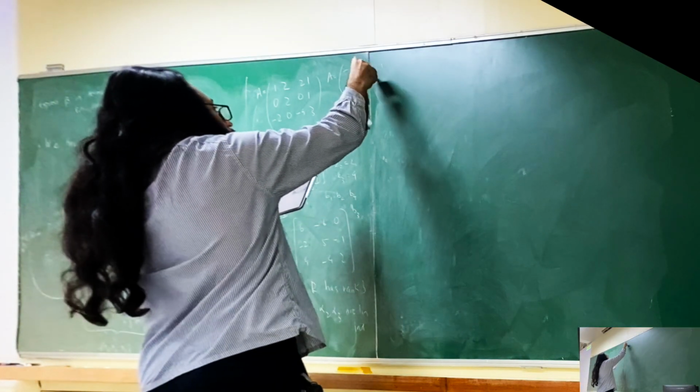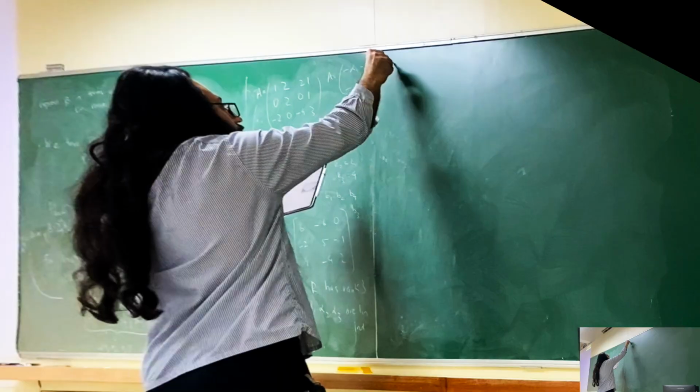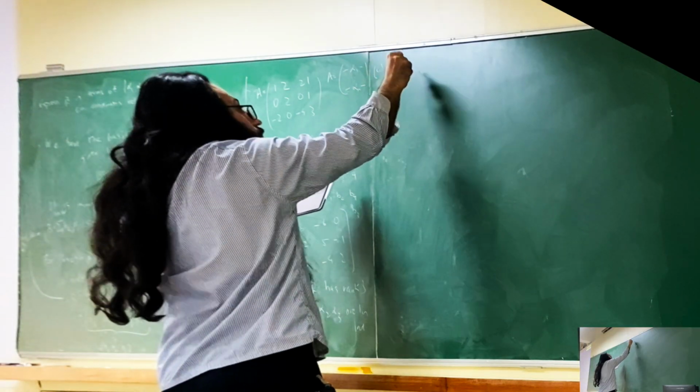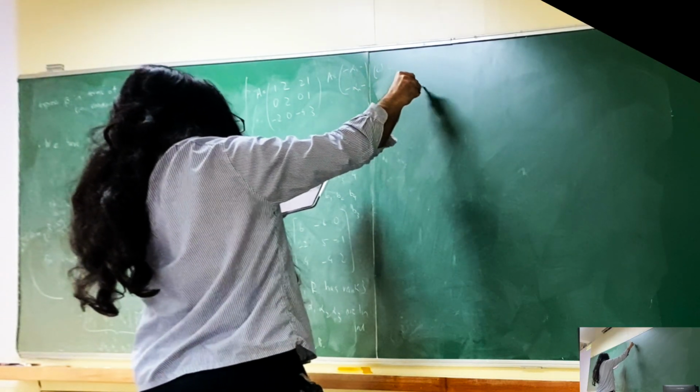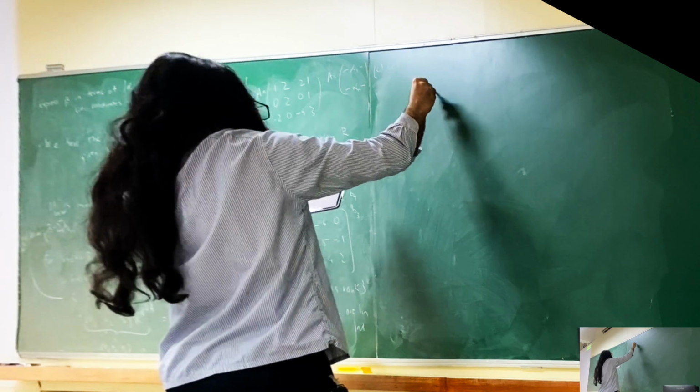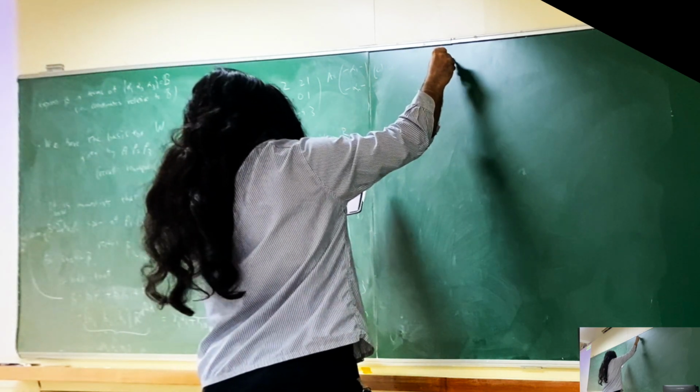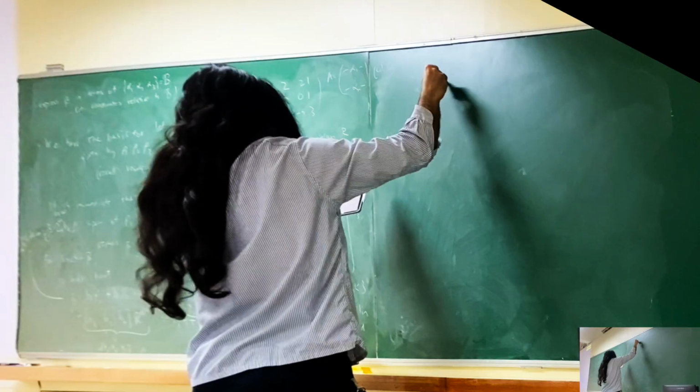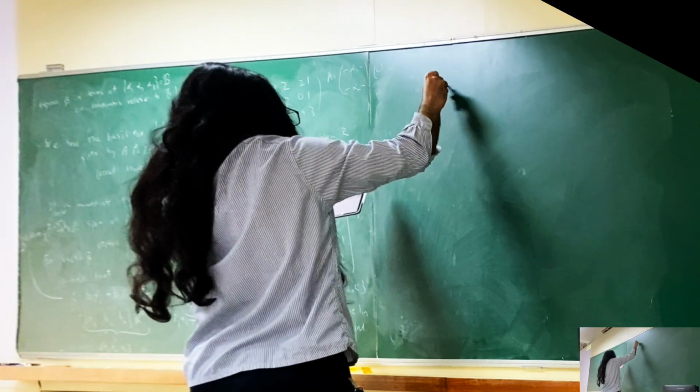Alright. So part C says: if alpha 1 prime, alpha 2 prime, alpha 3 prime are the given vectors, 1, 0, 0, 0, 0, 1.